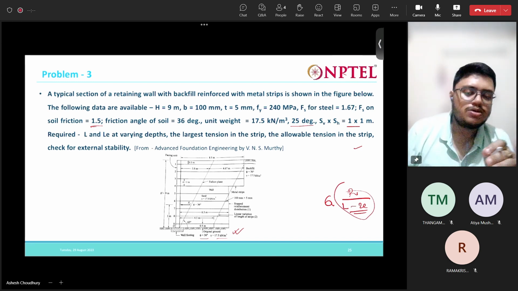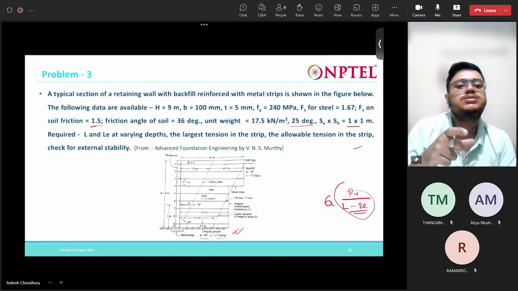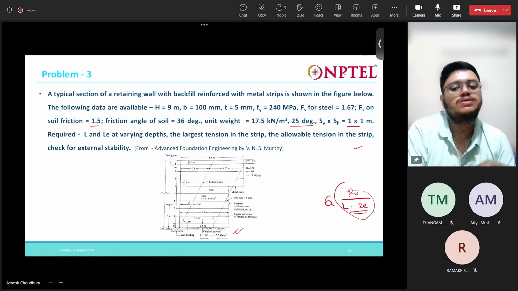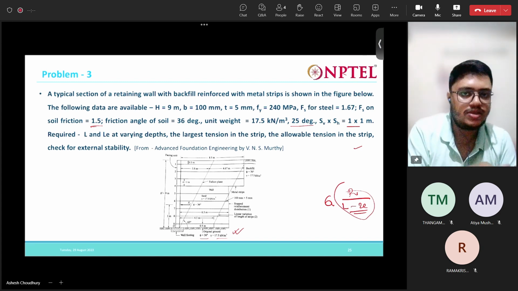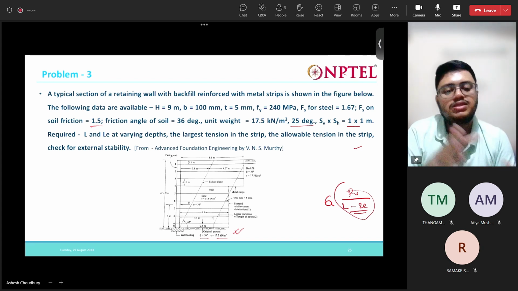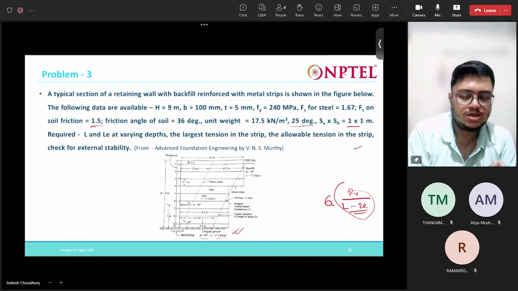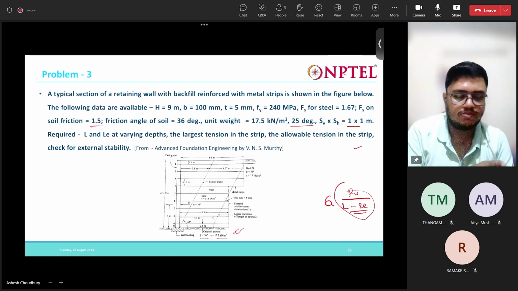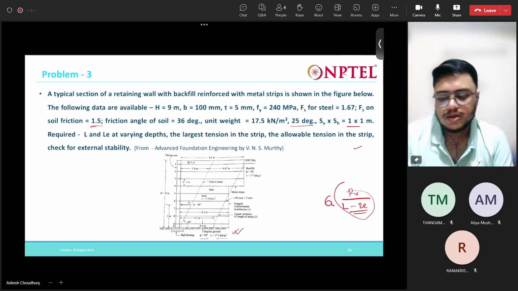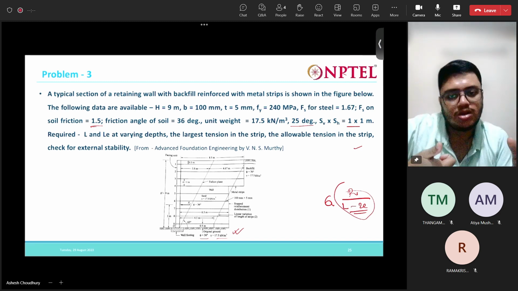So you solve this by yourselves, using the same technique used in the class, following the model provisions, or the BS code provisions, or the highway provisions. Take the question from here and solve, and see how the problems were solved in the class.